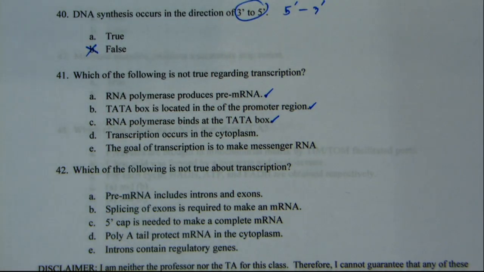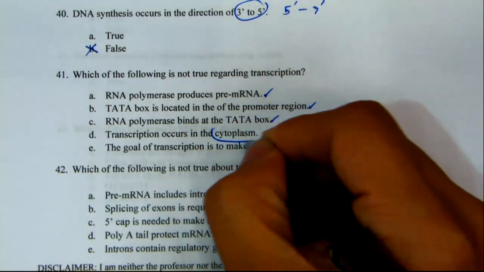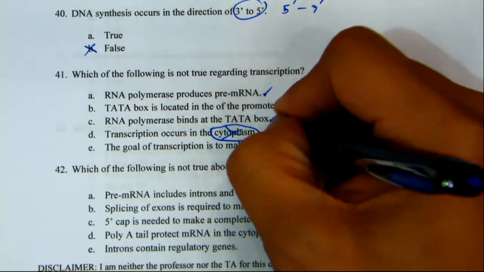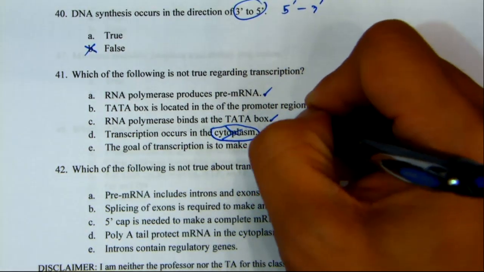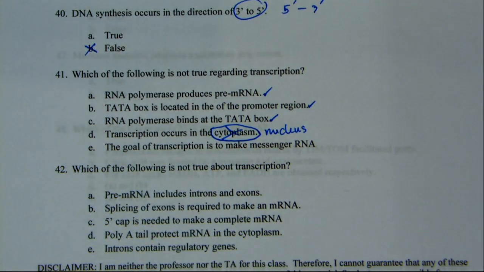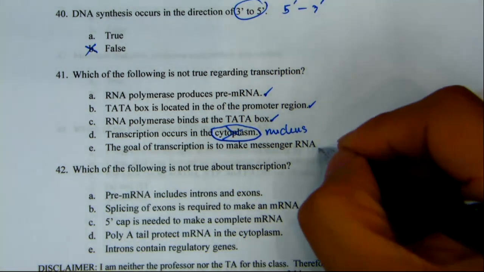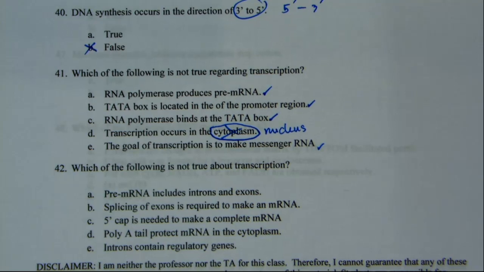Transcription occurs in the cytoplasm? No. Where does it occur? Nucleus. Very good. The goal of transcription is to make mRNA. That's correct. Why is that? Because where do we find DNA? Nucleus, right?